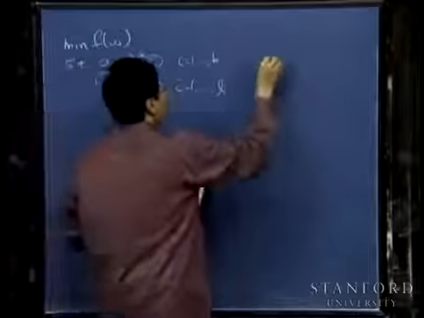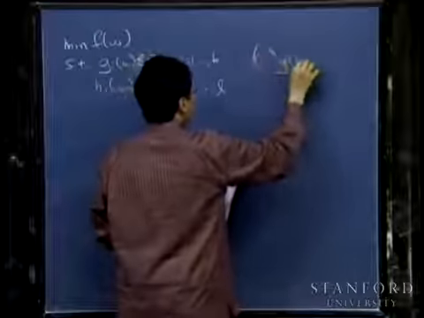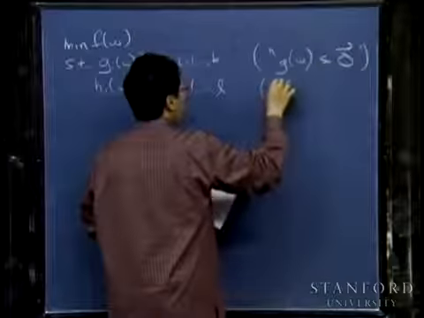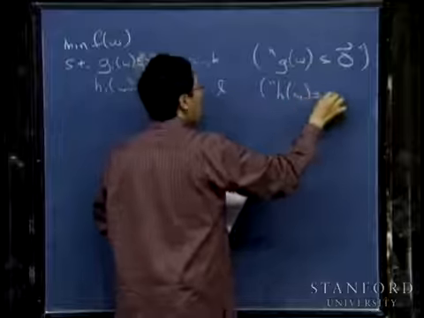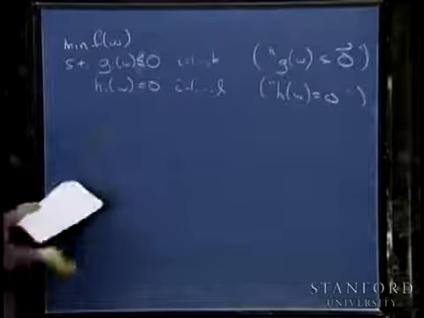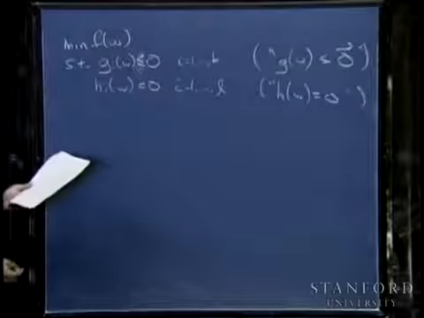Okay, and again, using my vector notation, I'll write this as g of w is less than or equal to 0, and h of w is equal to 0. So unlike the previous case, we now have inequality constraints as well as equality constraints.